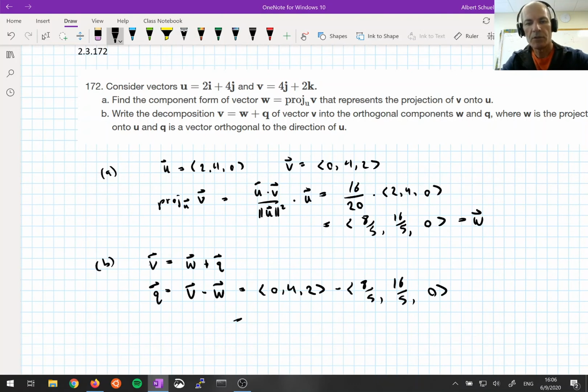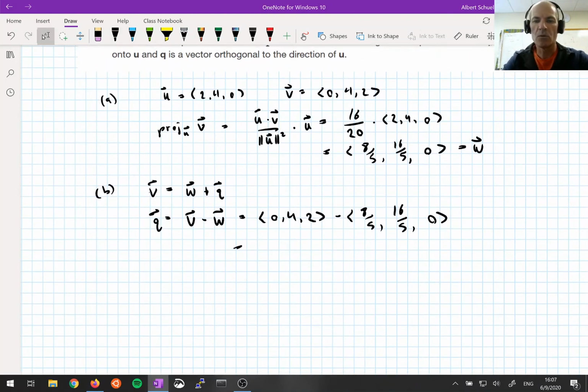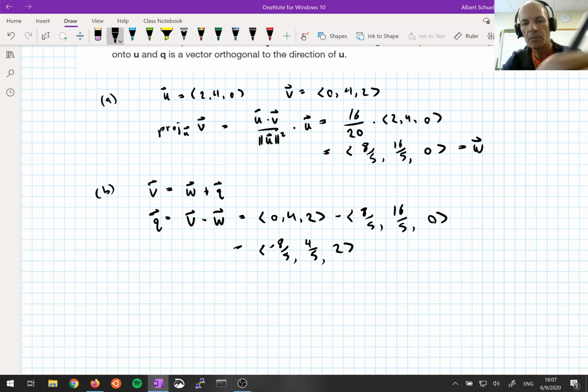Let's do a bit of arithmetic here first. We subtract coordinate-wise. So the new vector q is going to be minus 8/5. 4 minus 16/5: 4 is the same as 20/5, and 20/5 minus 16/5 is 4/5. And then finally we have 2 minus 0, which is 2. Okay, this is the vector q.